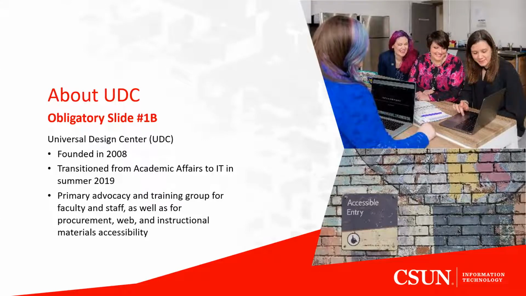We were created to champion a universal design approach to those accessibility requirements. We do reporting for the campus, and we provide data and reports to help guide campus policies and procedures. And again, with the goal that accessibility is everyone's responsibility, we empower faculty and staff to accomplish those goals.